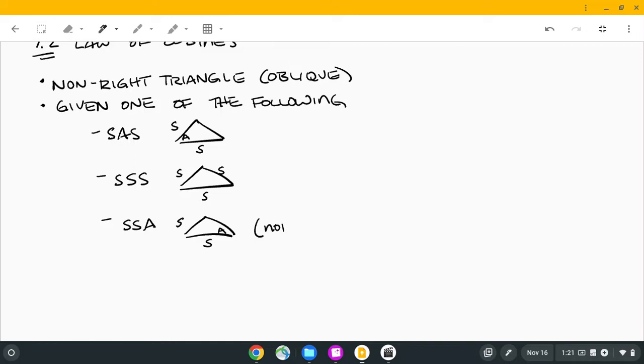Note, when you do have the side, side angle case, it's possible to have no triangle. It's possible to have one triangle. And it's also actually possible to have two triangles.